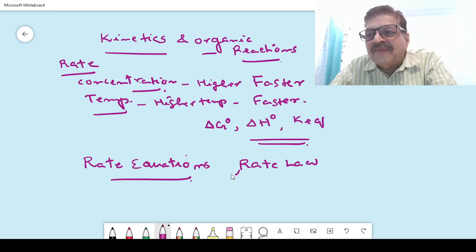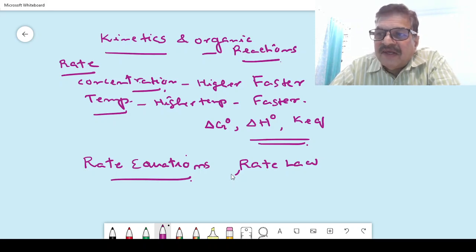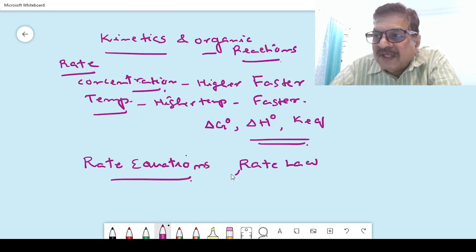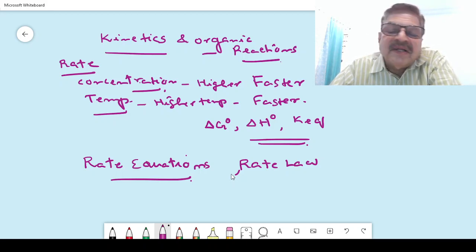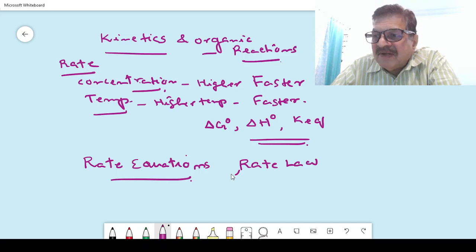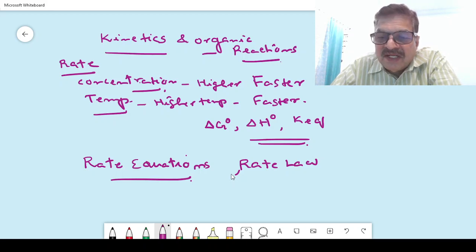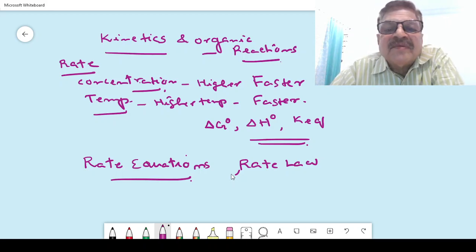Now it is determined experimentally. It depends upon the mechanism of the reaction ultimately. Correct. So the rate equation or rate law will depend upon the mechanism of the reaction here.